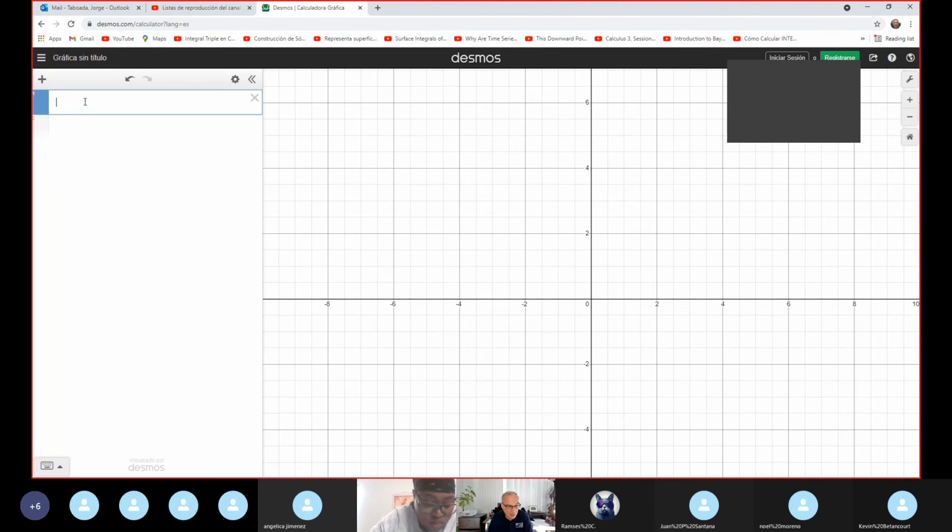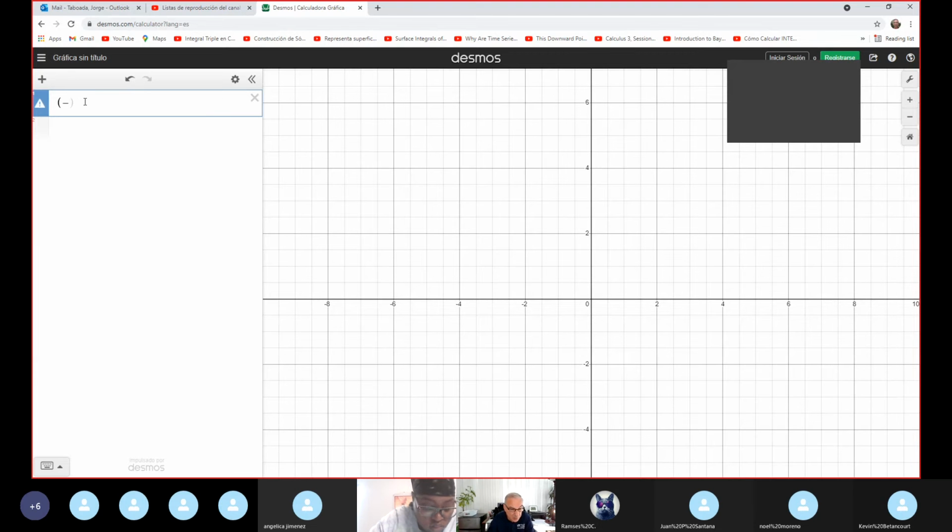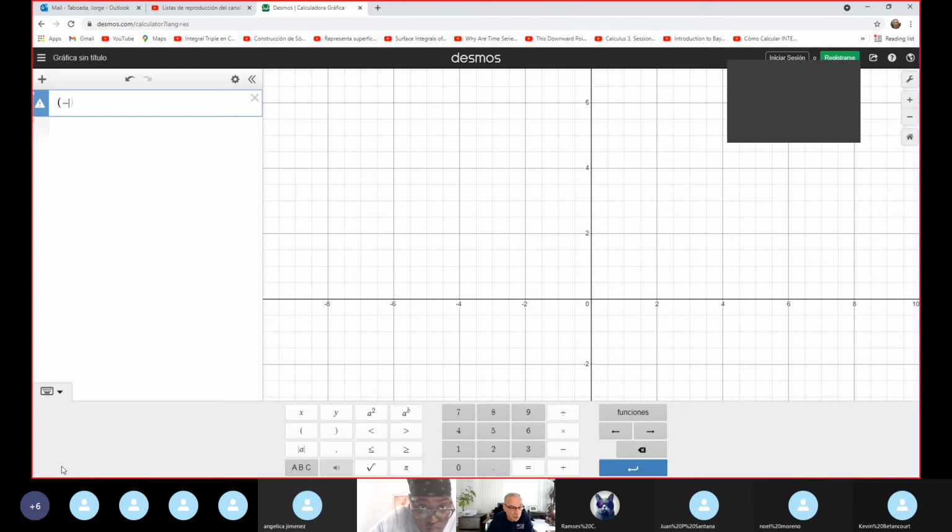Look at that. In the left part, I put a point. The point is easy. Okay, the point: you open parentheses, you put negative 5, negative 3. I prefer typing in the special keyboard that Desmos has.